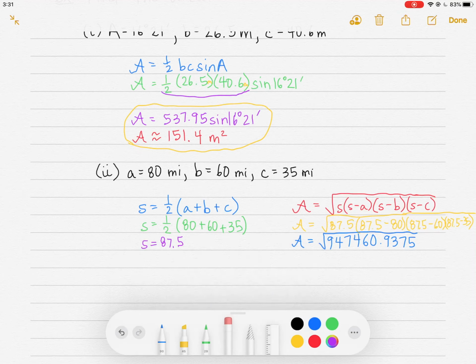And then we're going to square root that number to get that our area is approximately 973, and we are miles squared this time.